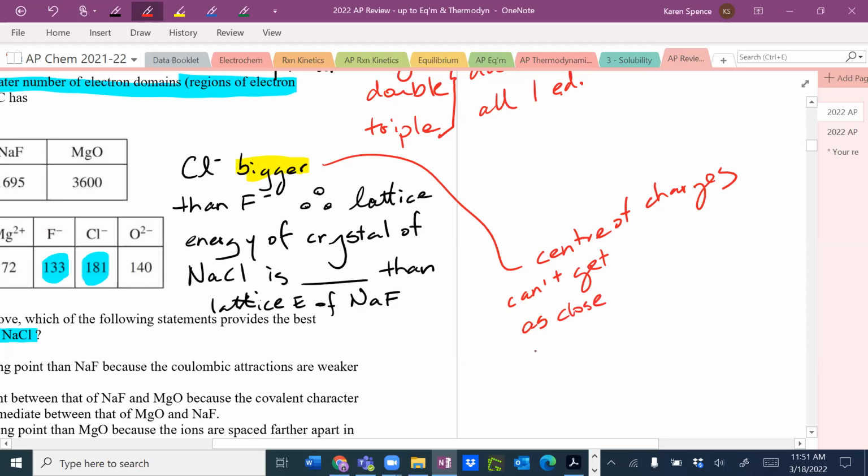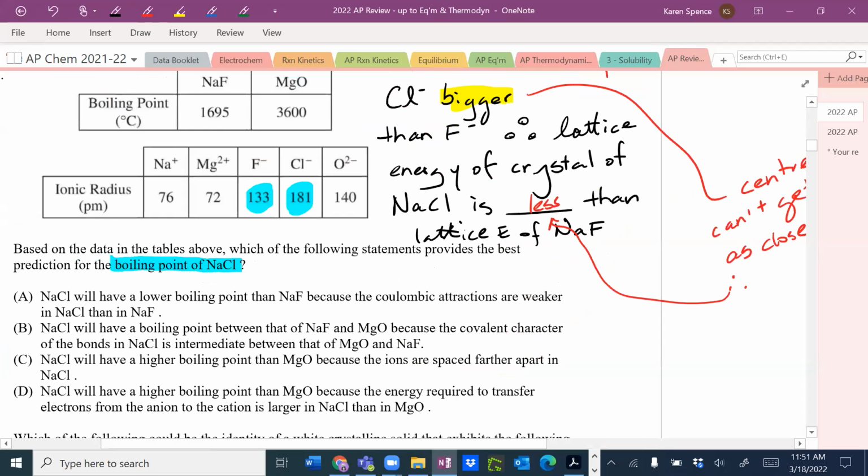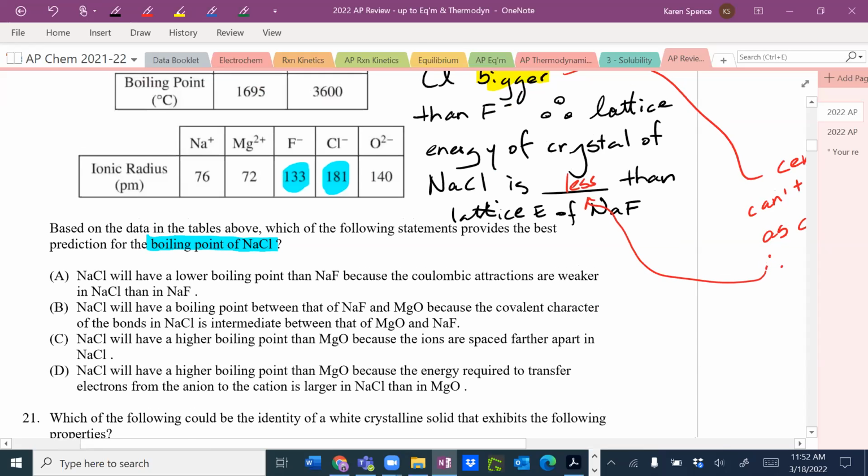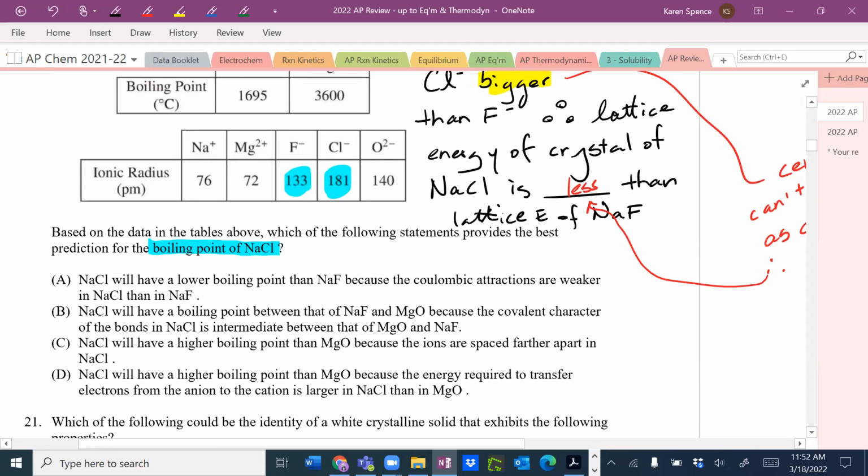And therefore, we have a lower binding energy. So if it has a lower binding energy, it's going to have a lower boiling point than NaF.